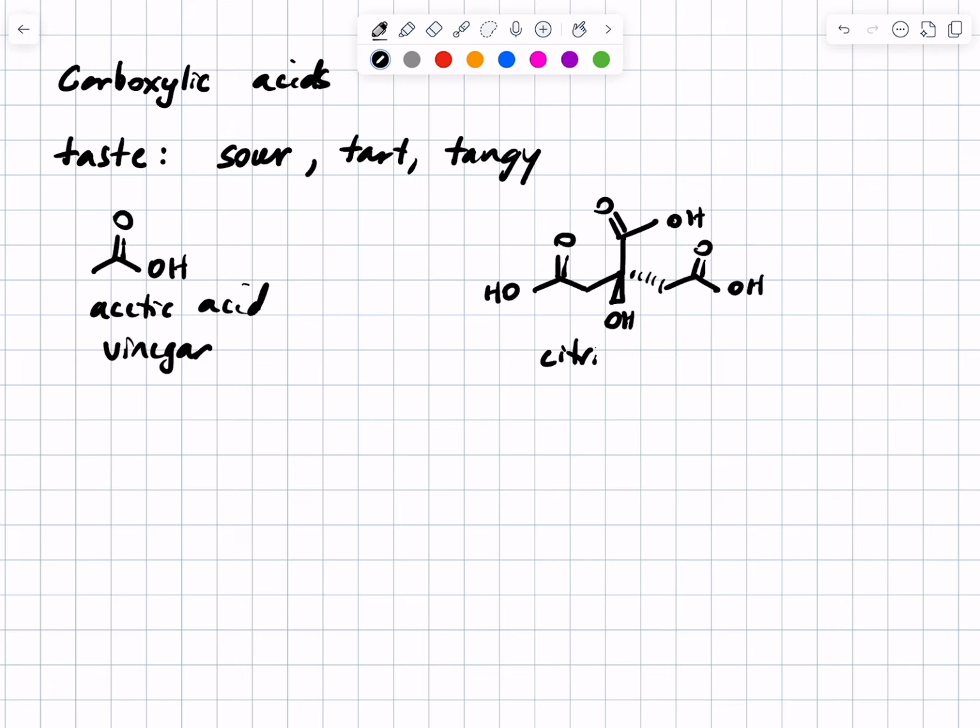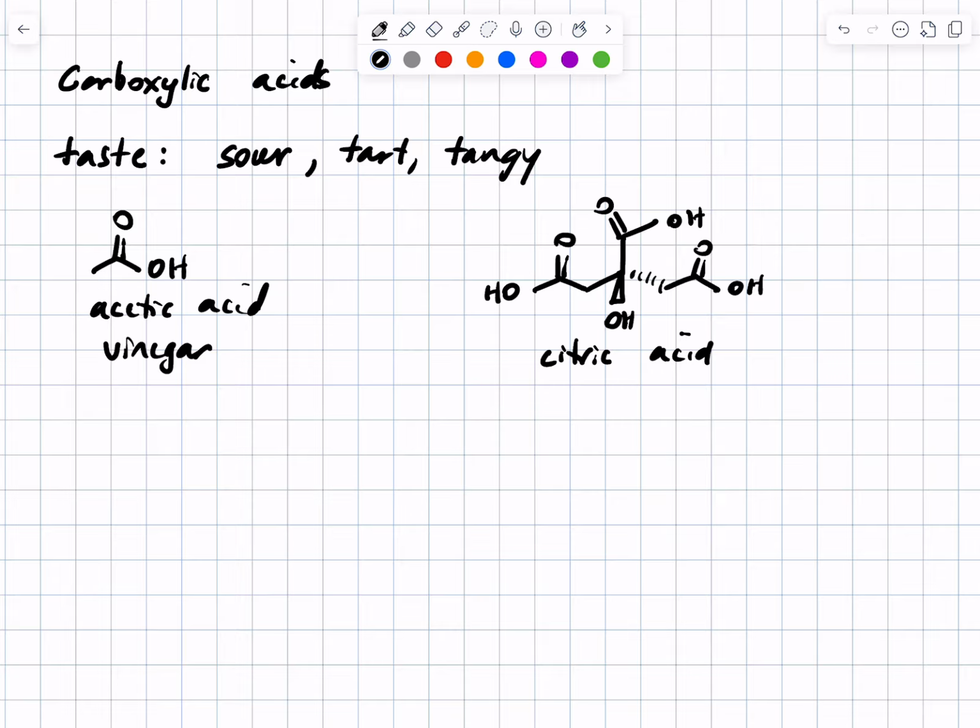This is citric acid, and it's found in lots of different fruits, but especially in citrus. So the sour taste of lemon, lime, grapefruit, oranges is citric acid. And if you like sour candy, like Sour Patch Kids, probably some of that crystalline stuff on the outside, in addition to the sugar, is citric acid.